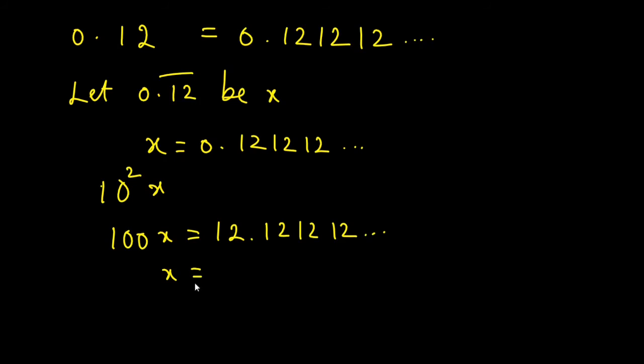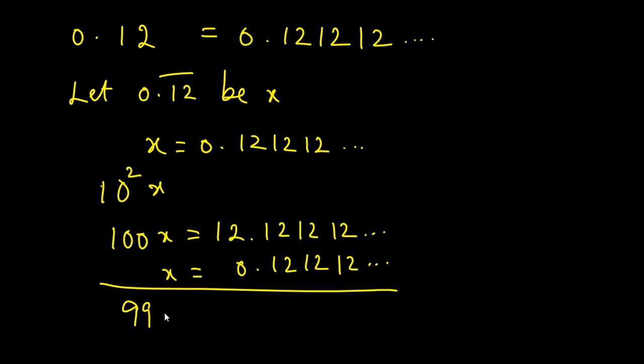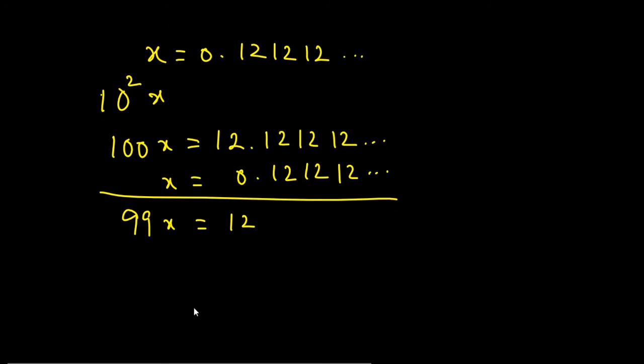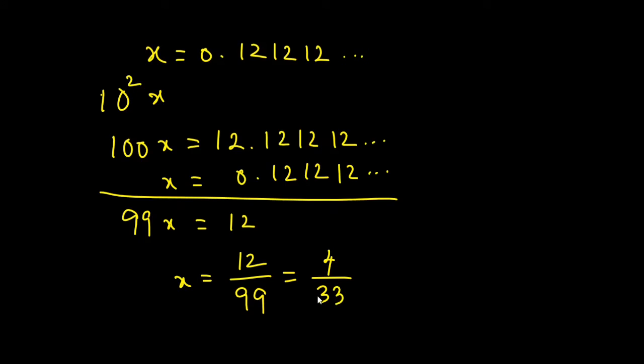The x here is 0.121212. Subtracting, we get 99x is equal to 12. So x is equal to 12 by 99. Cancelling out 3 from numerator and denominator, we get 4 by 33.